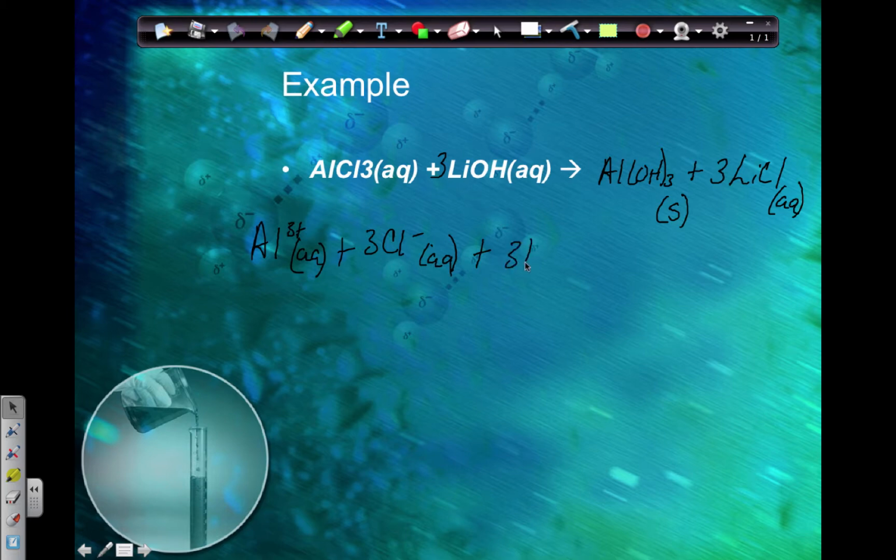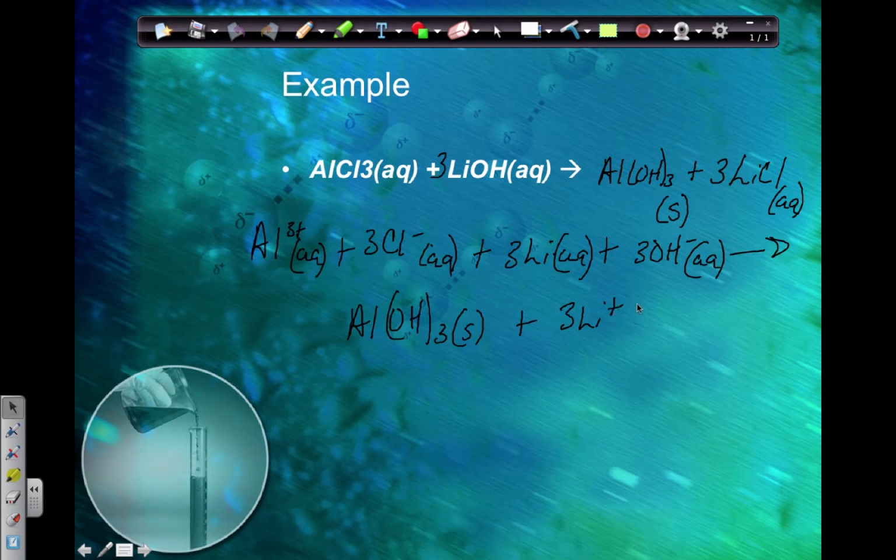There are 3 lithiums, and there are 3 hydroxides. Well, this is solid. I leave it alone. And then this is aqueous, so I'm going to pull that apart. So 3 lithium ions, and I also have 3 chlorides.